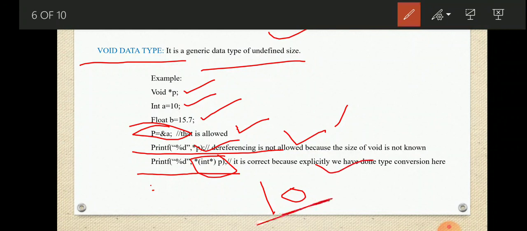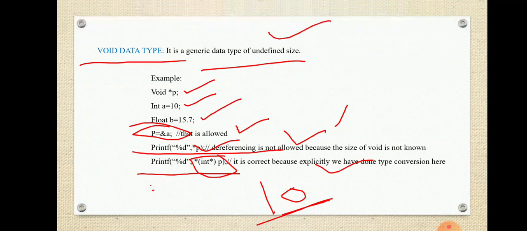Here the size is defined and %d is justified, because we have converted the pointer dereferencing into integer type. Okay. So in case of the void data type, it can point to any data type's variable address.